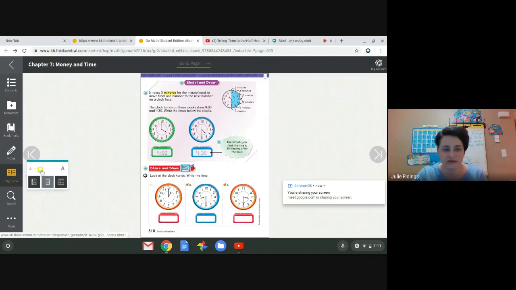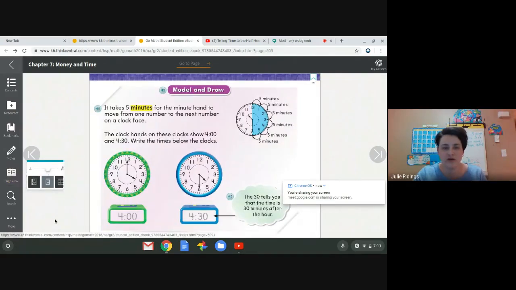Let me zoom in a little bit. So on the top of page 510 in our Go Math book, it says it takes 5 minutes for the minute hand to move from one number to the next number on a clock face. So you can see here, boys and girls, where my mouse is. Let's count it. 5, 10, 15, 20, 25, 30. That's half of an hour.